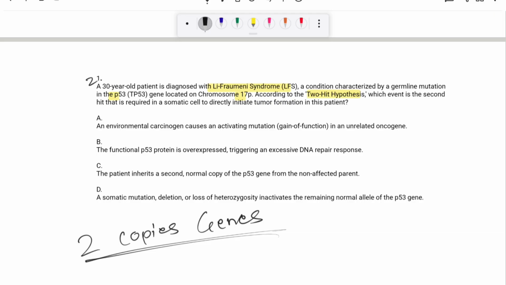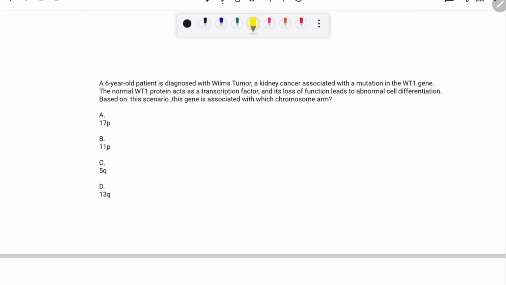So for the option, you have to find the option regarding the mutation and the heterozygosity. So that is option D. So here is your answer. Here I'm just reading the stem of the question and giving you the answer. So you will be able to solve most of the questions regarding this using this mnemonic.